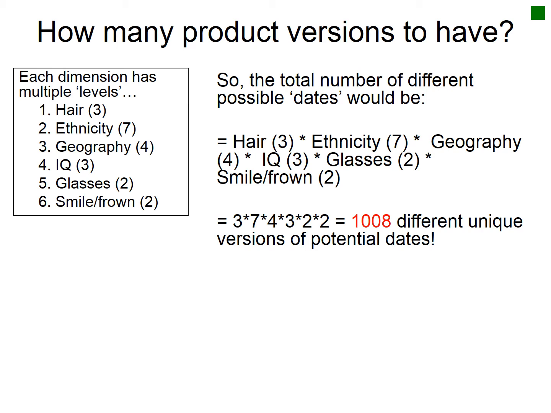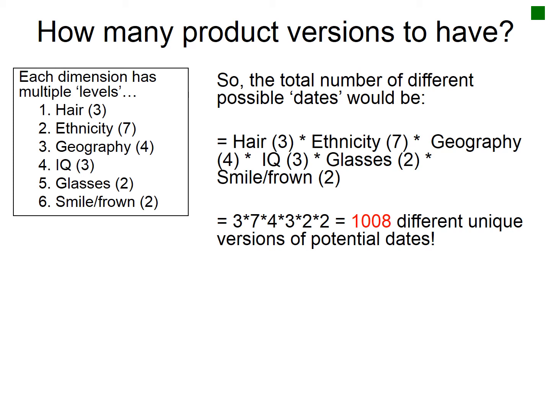So 3 different hairstyles times 7 different ethnicities times 4 different geographic regions times 3 different intelligence levels times 2 different glasses types times 2 different facial expressions comes up with 1,008 different and unique versions of this possible product.